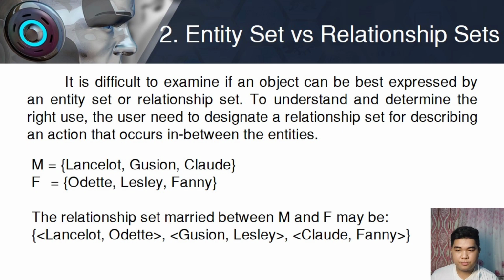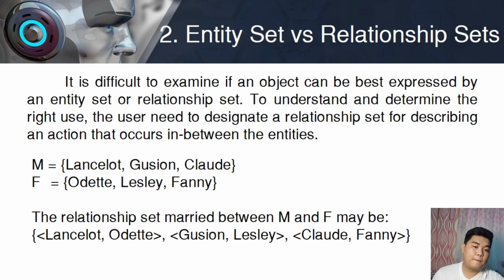Then, because our main focus here is the relationship set and the entity set, it can be easily understood on how I created this example, and it's really obvious, but for additional information, there are numbers of entity sets that participate in the relationship, but the common is binary and sometimes more.